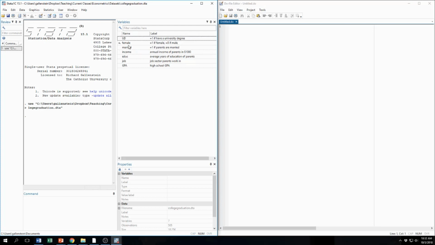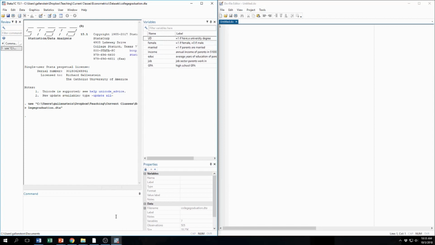And so now I am going to want to generate a model that will determine the factors that drive the probability that someone has a university degree or not. Now let's just confirm that this university degree is a binary variable.